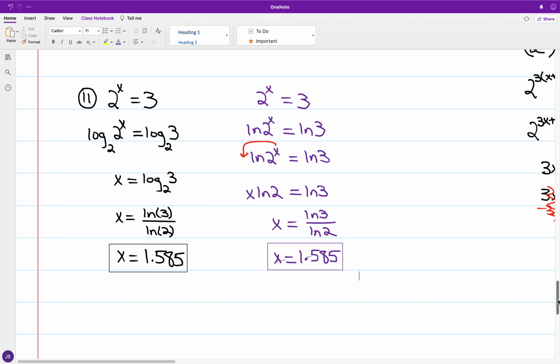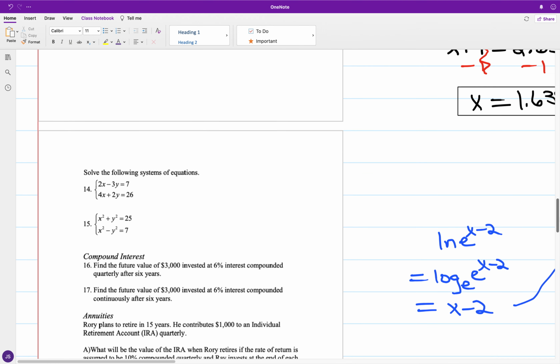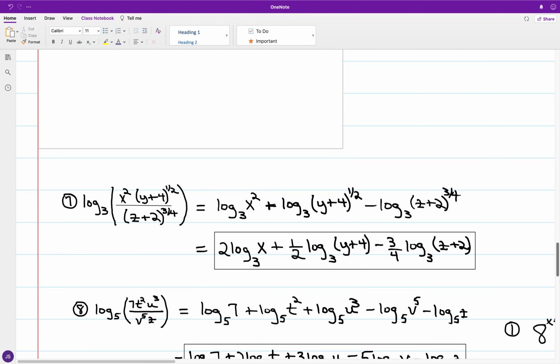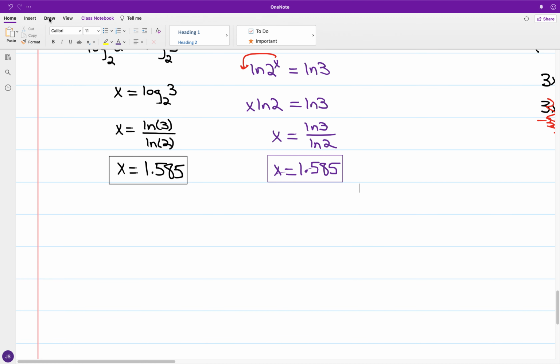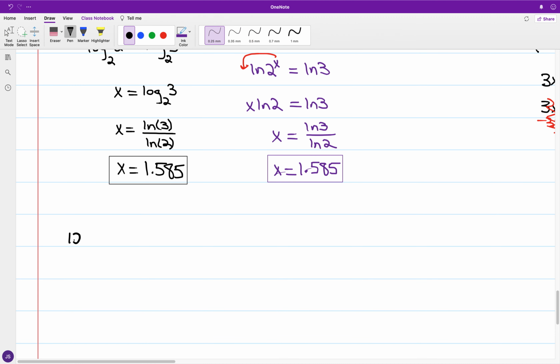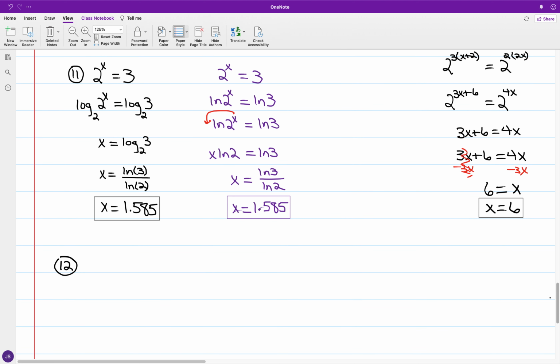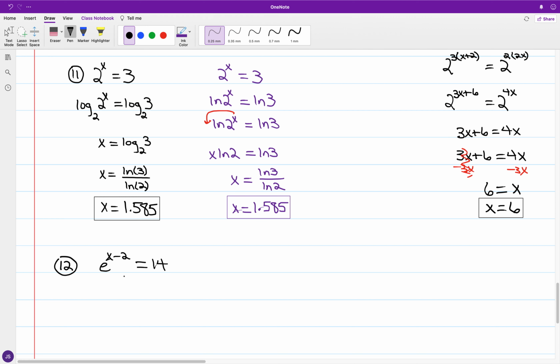All right. Now for the second item, this time we have e to the x minus 2 is equal to 14. In this one case, we've got the power in the variable x attached to the exponential base e.